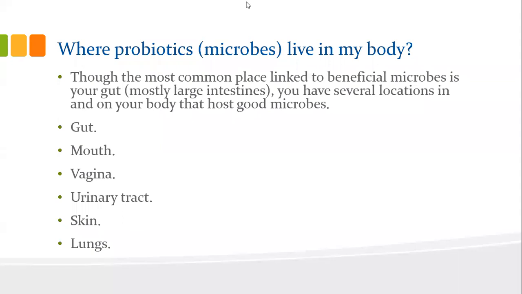And when we say go for normal delivery, the baby gets those probiotics or microbes from the vagina. The urinary tract also has these microbes. A UTI, urinary tract infection, happens because there are good and bad bacteria in the urinary tract, but due to some exposure to bad bacteria, it has overcome the good bacteria.